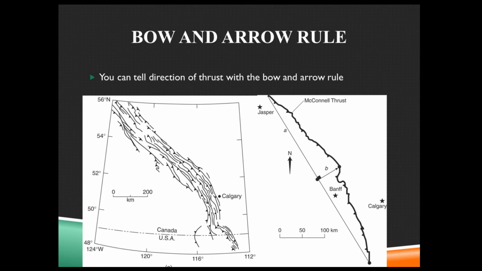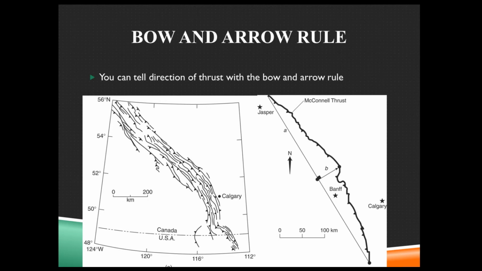So lots of compression from the northeast and the southwest, giving us this thrust fold belt. Now, because the primary overriding plate, or layers, the thrust sheet, is the one to the southwest, that's why the thrust fold belt curves up to the northeast.